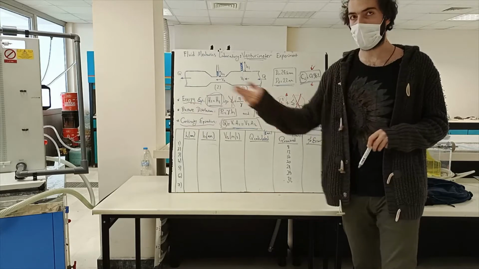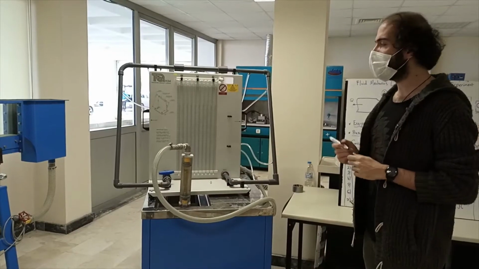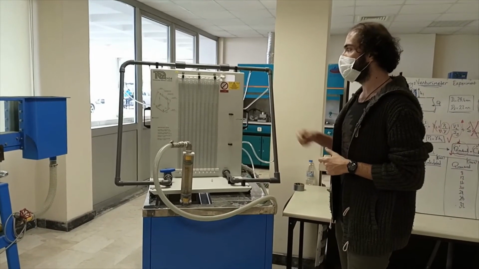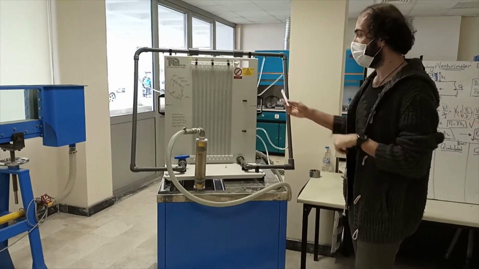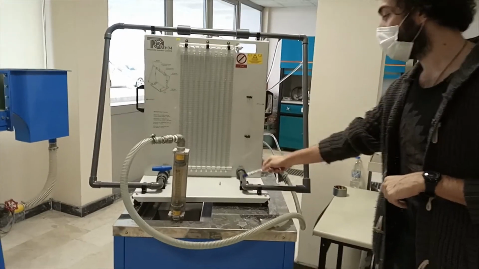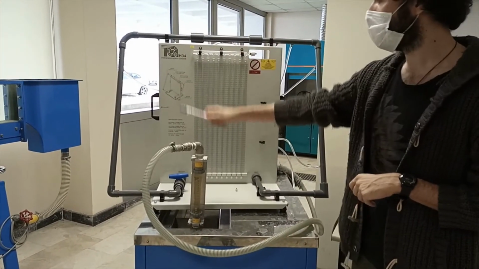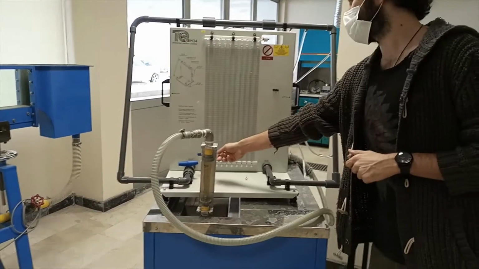And now let us show you the experimental setup. This is the experimental setup that we will use. As you can see, this is a complete system having a pipeline, and you can see the inlet part here. The flow is coming here, goes from right to left, and exits the system from this part.